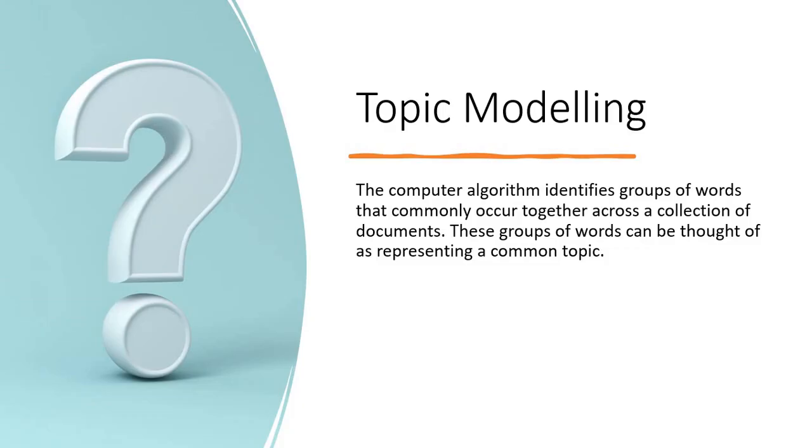So what the computer algorithm does is identify groups of words that commonly occur together across a collection of documents, because computers are not really intelligent. So the computer thinks that the words that are occurring together are probably representing one topic.